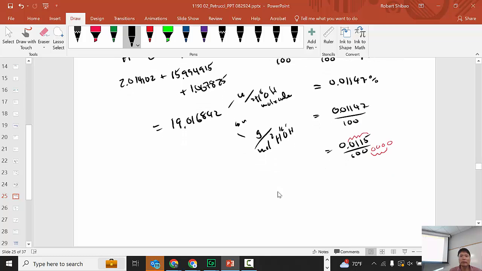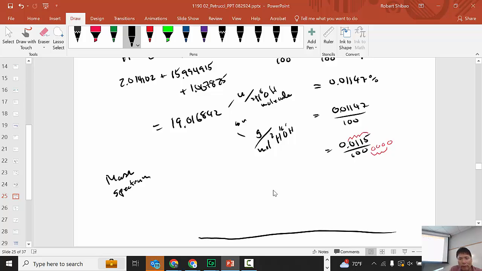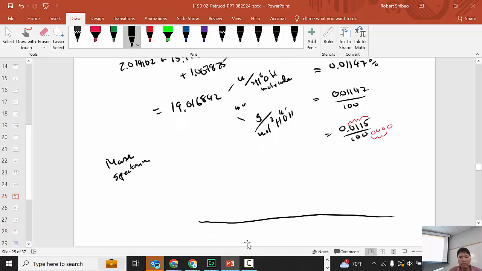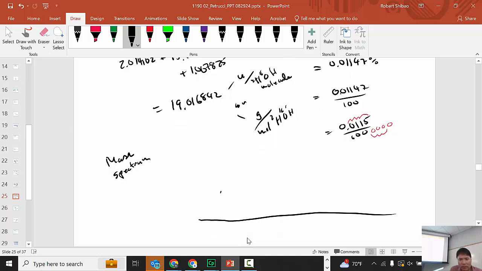All right, so what we can do is start to generate what's called a mass spectrum. A mass spectrum is the output from a mass spectrometer, and it should show all possible molecules. Sometimes the molecules break apart and show additional fragments, but this is the ideal mass spectrum.